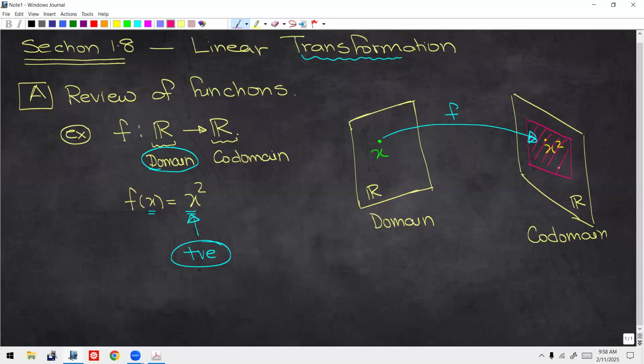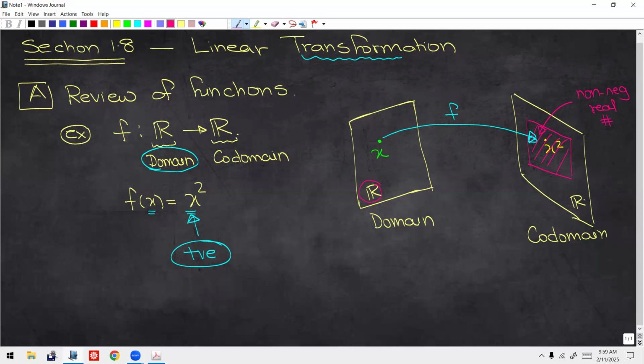We're only going to get so these are the positive real numbers. Or I should say non-negative real numbers is better because we could get zero back, okay? So let's say it's non-negative real numbers. So in this particular case, for every real number x in the domain, we're only going to get non-negative real numbers back.